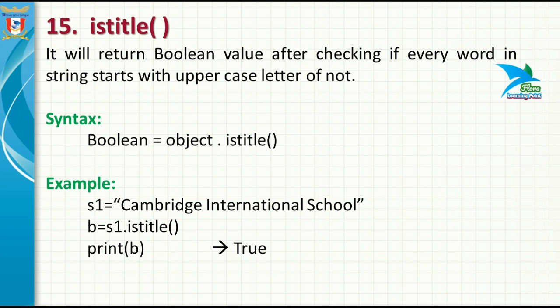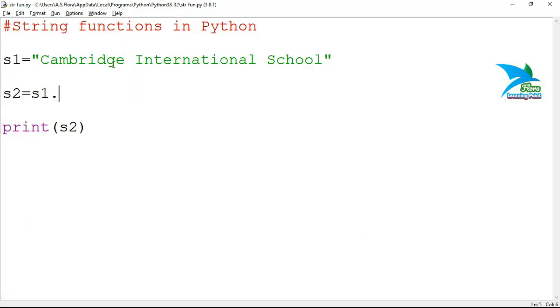So let's check. For example, here we are having three words in a string, that is Cambridge International School. This function will check if every word starts with an uppercase letter or not. For example, in Cambridge, C is capital, I is capital, S is capital. So that means the istitle function will return true.